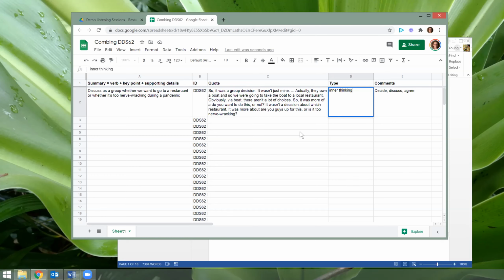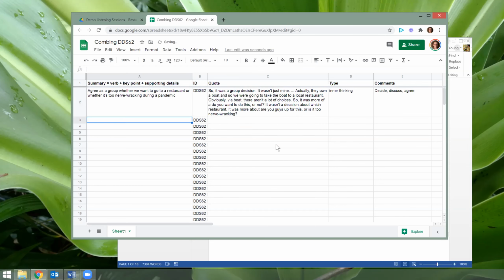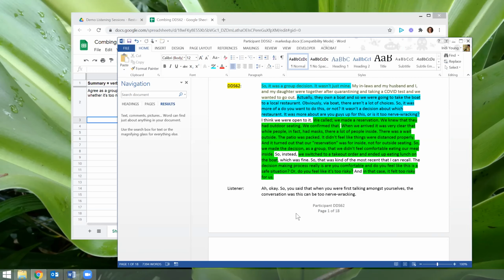This is what they're all thinking about. Discuss, maybe I'll switch it back. Try to agree. Are they trying? No, they're just agreeing. I think I'm going to stick with that. Okay, let's go on to the next one.